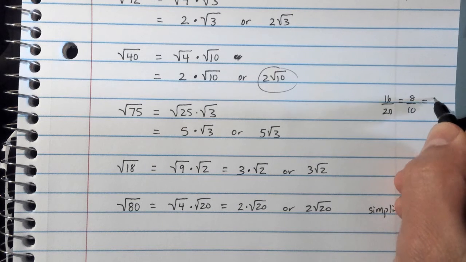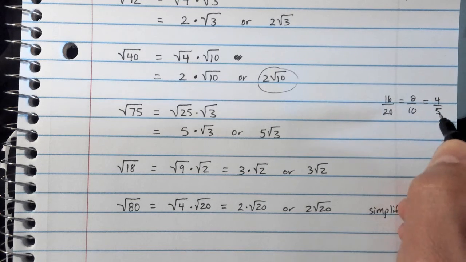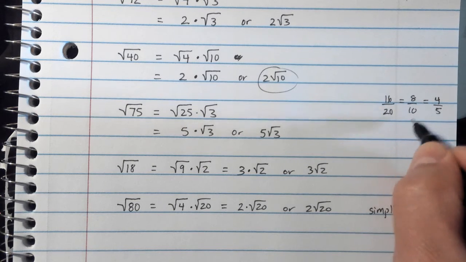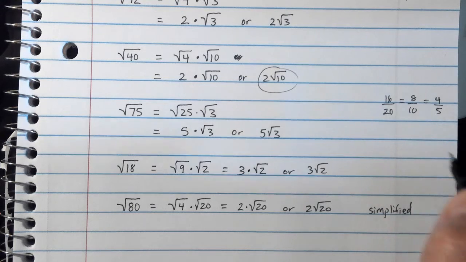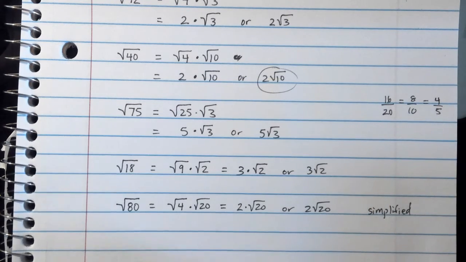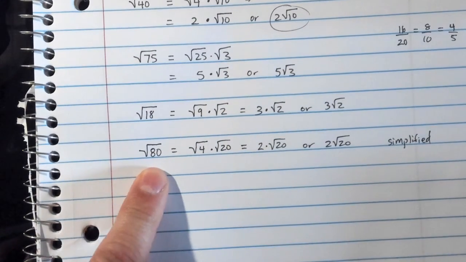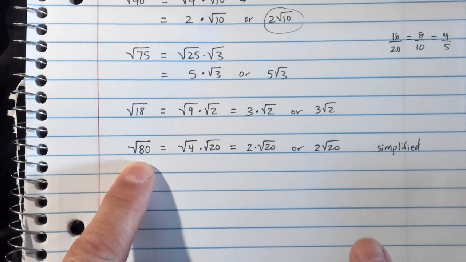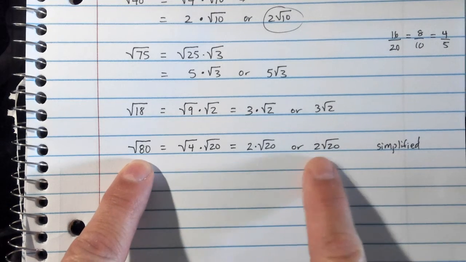So this is the only correct answer. This is kind of like partial credit. You kind of simplified it, you kind of reduced it, so you kind of know what you're doing. Same thing here. The goal is to simplify this, and you kind of do. This is kind of correct.